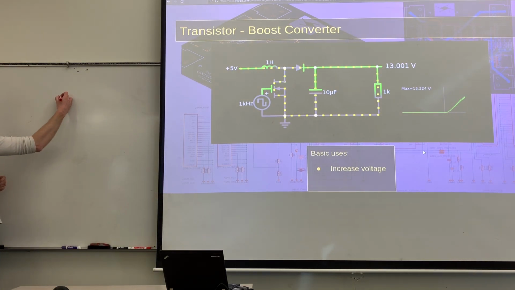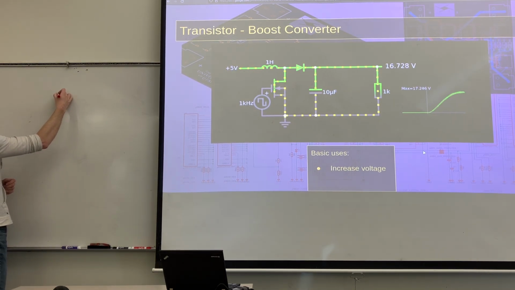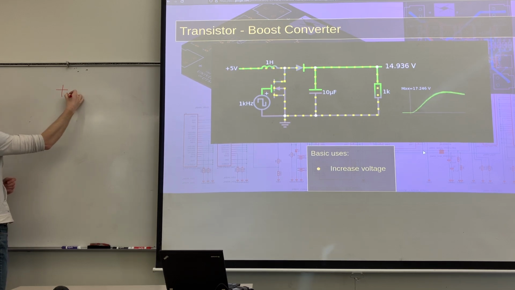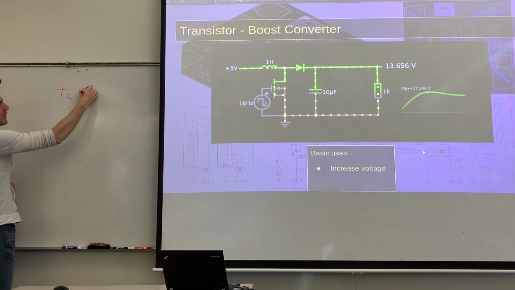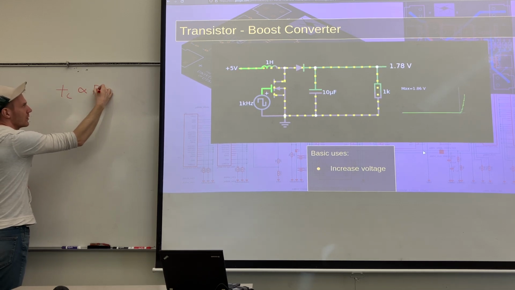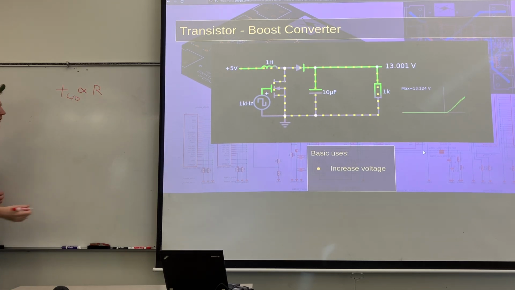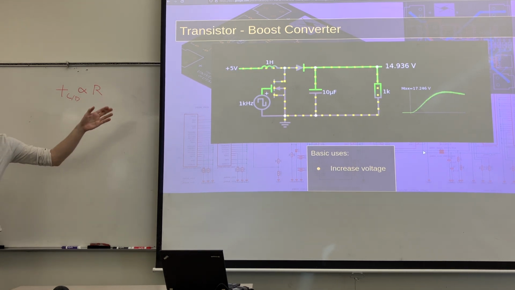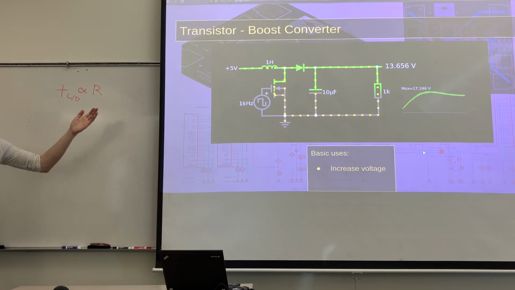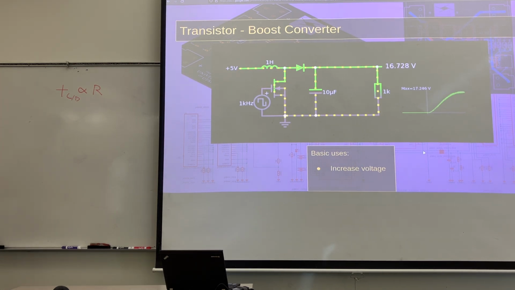So it's probably easiest to relate this to time charge discharge being proportional to resistance. So when the MOSFET is gated, I guess the best technical term for it, when voltage is applied to it, yeah, time charge discharge is proportional to resistance.